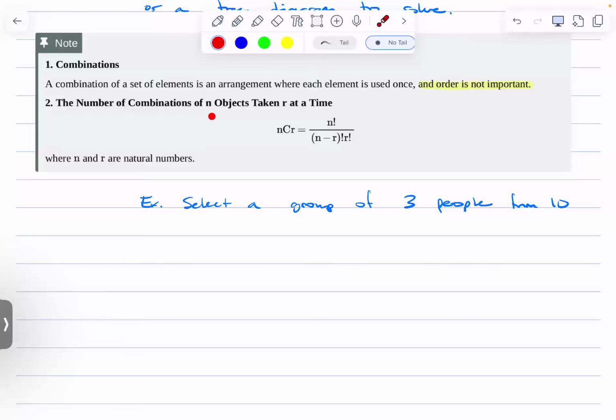The number of combinations of n objects taken r at a time, right? And so here in this scenario, r would be 3, and n would be 10, right? And choose r, right? From a group of 10 people, choose 3, right?